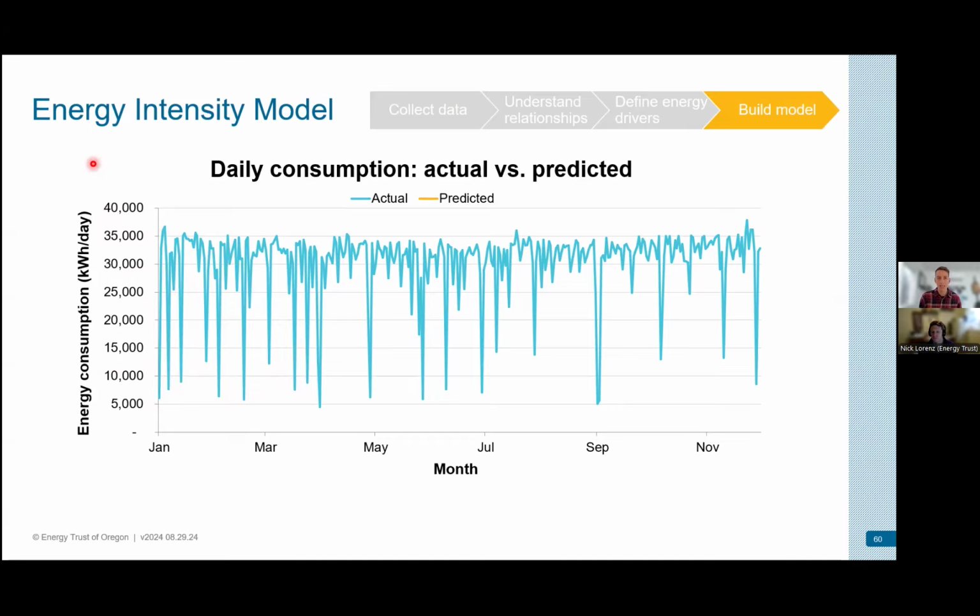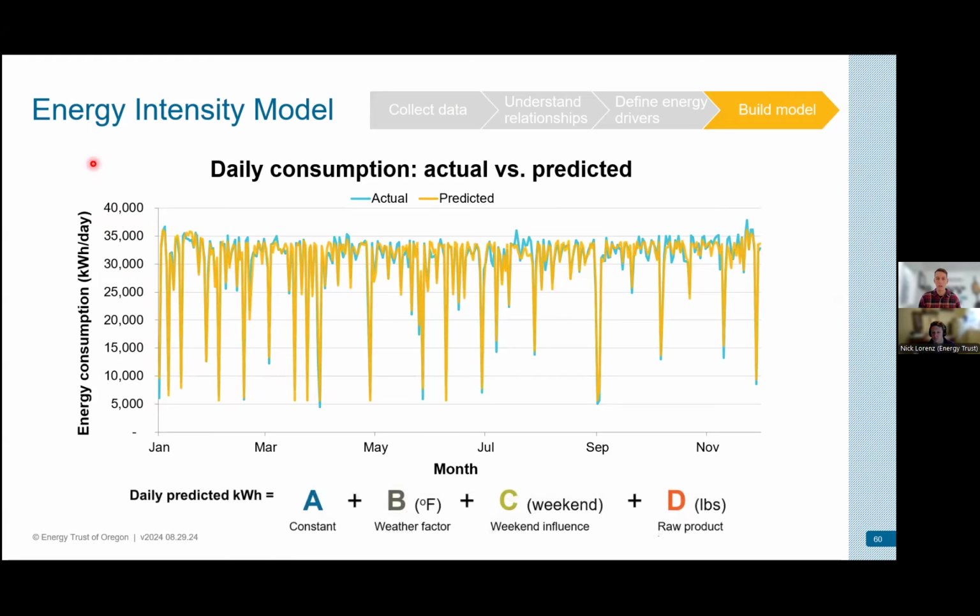What we can do is layer on the model's prediction as well. And we talked about how the predicted energy use is really just this formula shown down below. It has the constant, a weather factor, the weekend influence, and raw product all taken into account. We're going to fit that model prediction based on the actual energy use during this period of time.